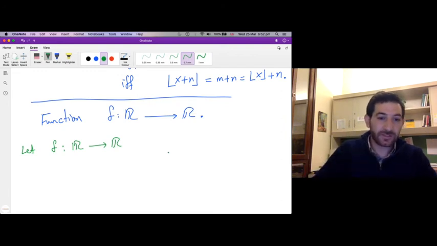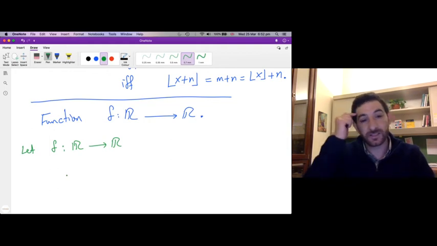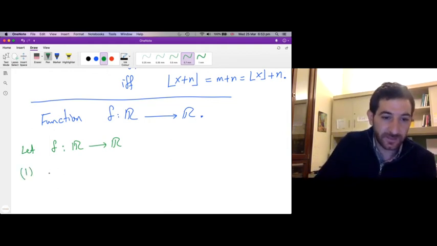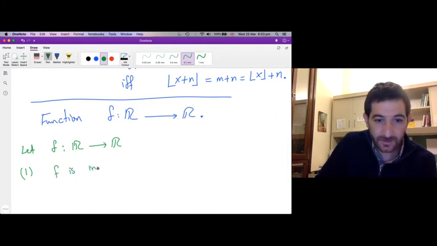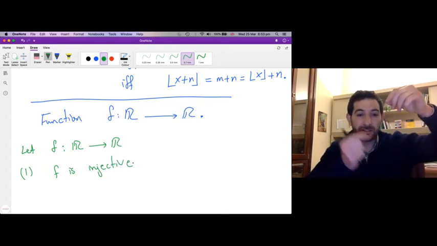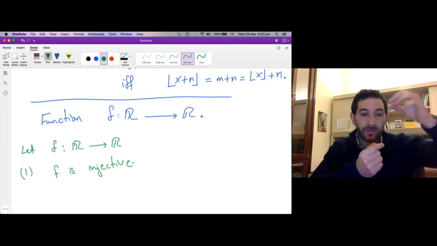Okay, so consider a function whose domain is R and codomain is R as well, and we want to see what it means for this function to be injective in terms of horizontal lines intersecting the graph of the function. So let me say point 1, then f is injective. Remember, f is injective means it doesn't assign the same image to two different points in the domain.